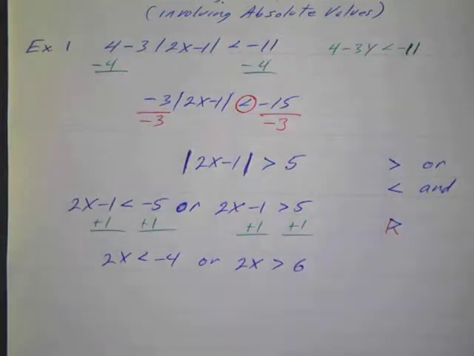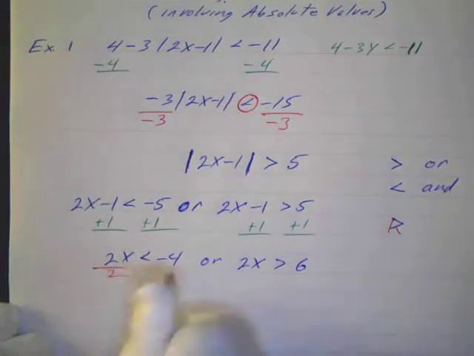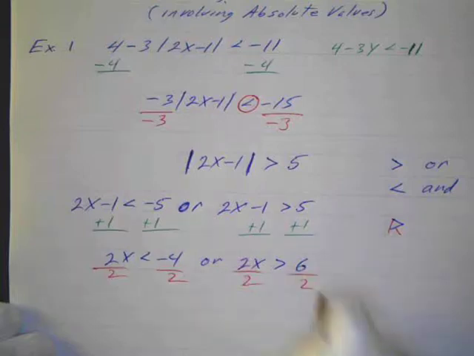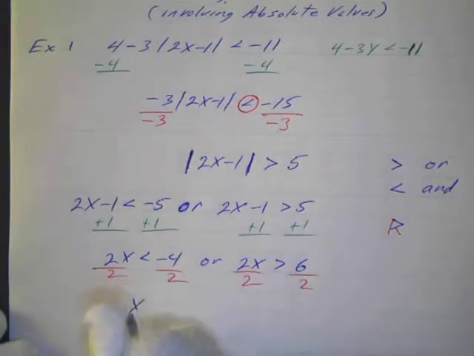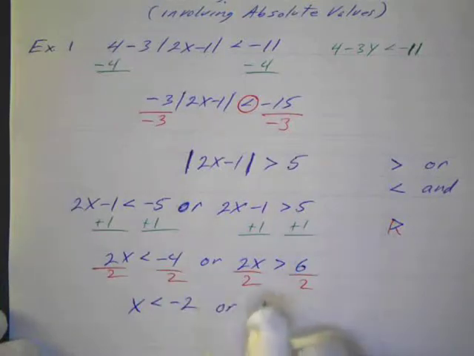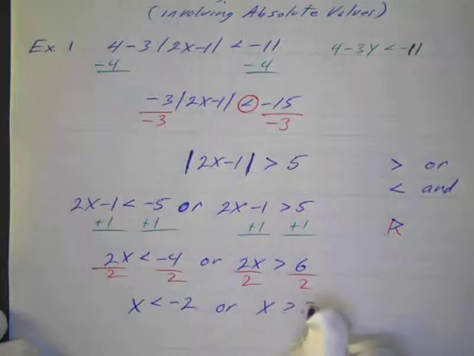So there's my or. And then I'll divide everything by 2. And now I have x is less than negative 2, or x is greater than 3. There we go.